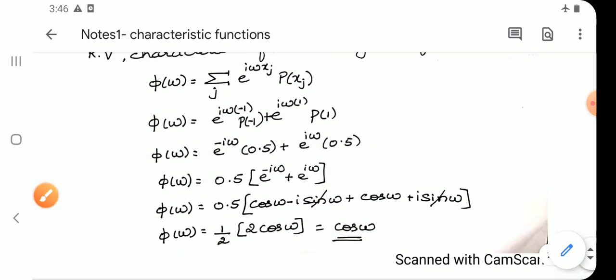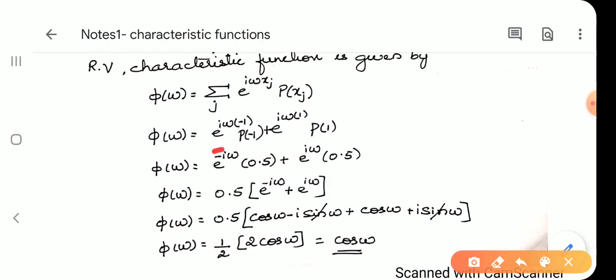So, here when we expand it by applying the summation, we get phi of omega is equal to e to the power I omega, x1 is nothing but minus 1 and x2 is nothing but plus 1. So, here phi of omega becomes e to the power I omega into minus 1 p of minus 1 plus e to the power I omega into plus 1 into p of 1.